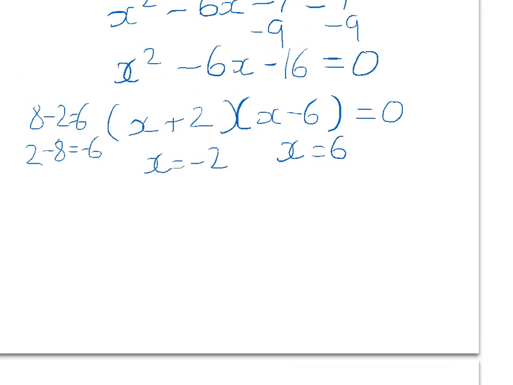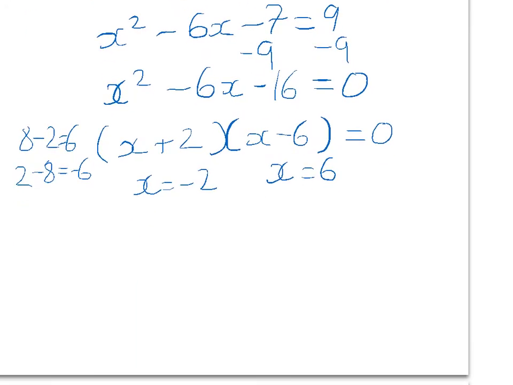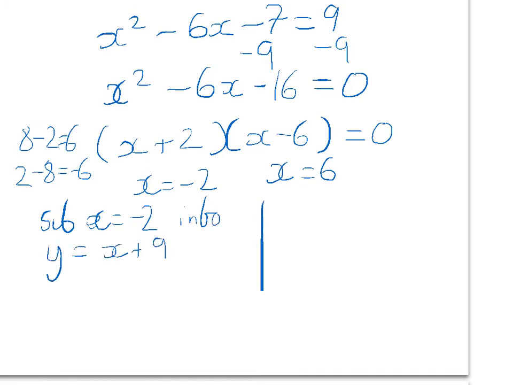We now need to find out what the y values are, because we've got the x part. So we're going to substitute both of these two values into our original y equals x plus 9. So, sub x equals minus 2 into y equals x plus 9, and do the same with x equals 6.